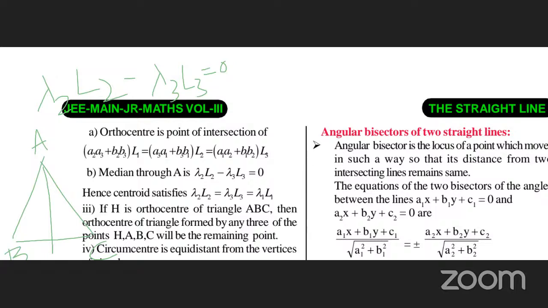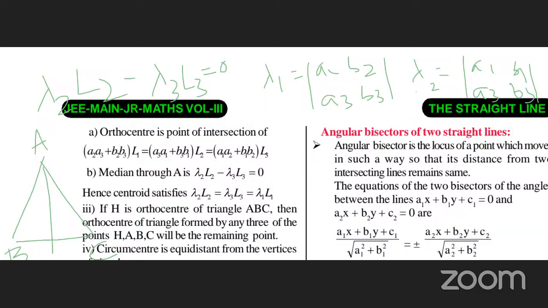If you have forgotten, lambda1 is the determinant of a2 b2 over a3 b3. Lambda2 is the determinant of a1 b1 over a3 b3. Similarly, lambda3 is the determinant of a1 b1 over a2 b2.